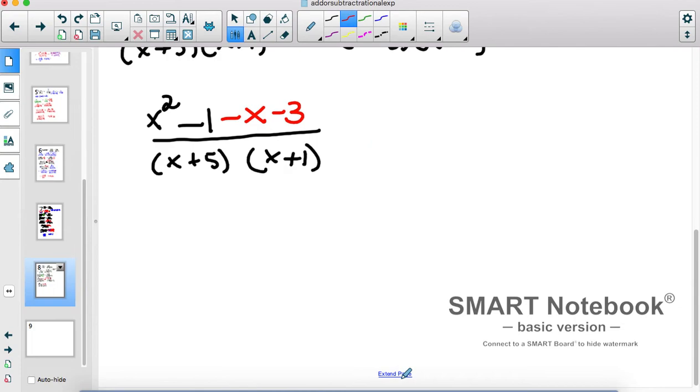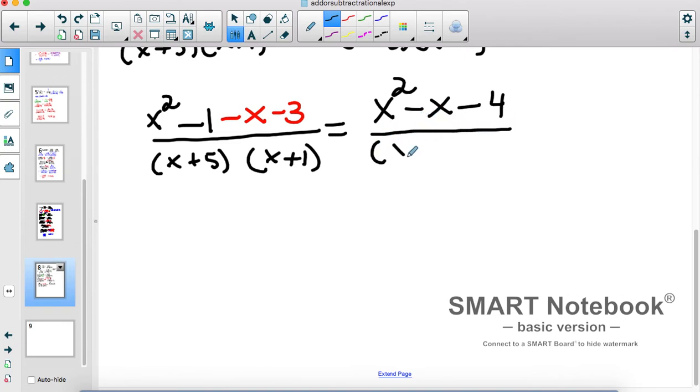Okay. Combine like terms up top. X squared. Now the negative x doesn't have a like term. Negative 1 and negative 3 is negative 4. Right? Yep. And then x plus 5, x plus 1. So the top quadratic, let's see, we need two numbers that multiply to negative 4 and add to negative 1.